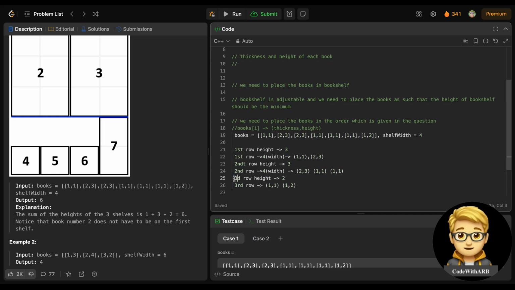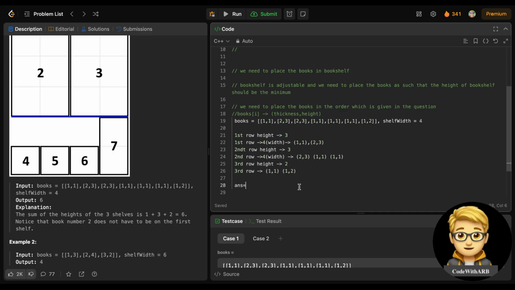So that would be row height 2. So if you calculate the total height, 3 plus 3 is 6, 6 plus 2 is 8. So one of the possibilities, the total height, is 8 if we place according to this.